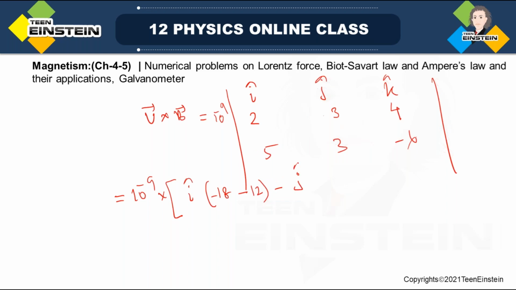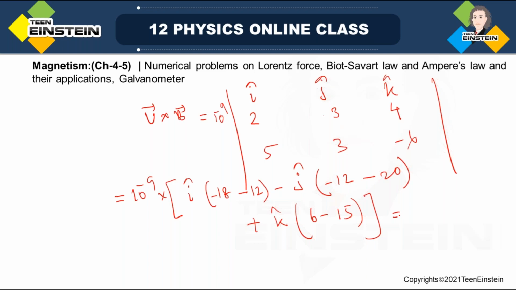This is actually better to do instead of doing it that way. So here you will directly get, so minus j, you will get minus 12 minus 20. Okay, plus k cap whole into 6 minus 15.